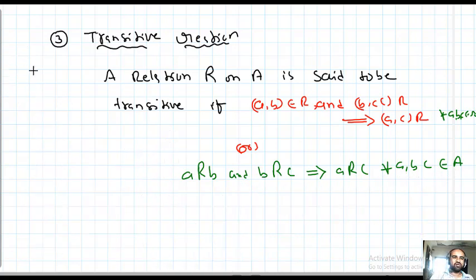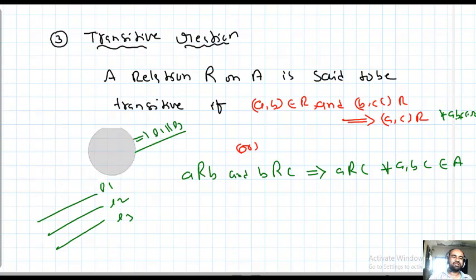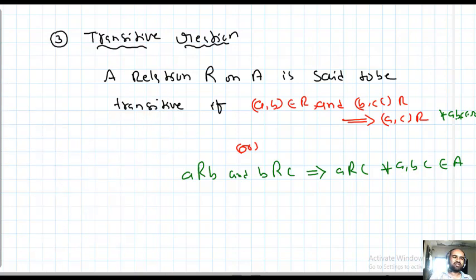Next, is parallelism transitive or not? L1 parallel to L2 and L2 parallel to L3 implies L1 parallel to L3. True or false? It is true only, so parallelism is a transitive relation.